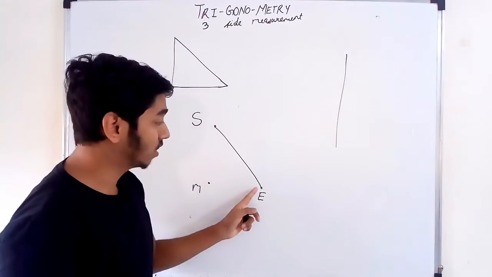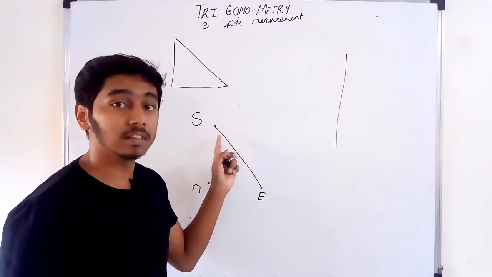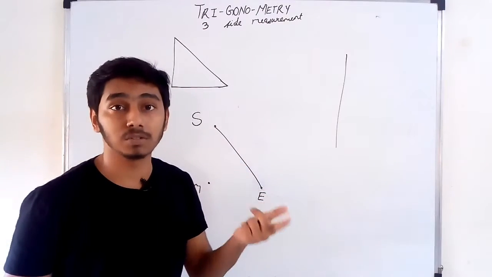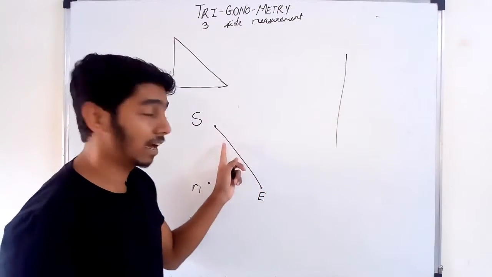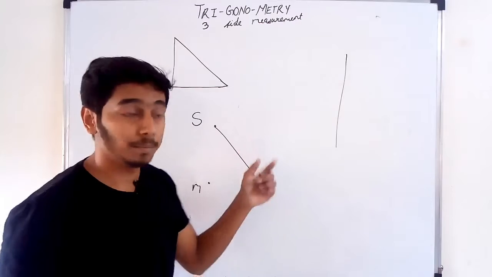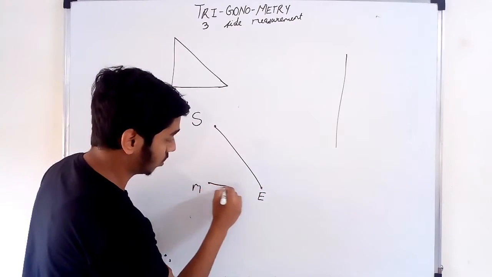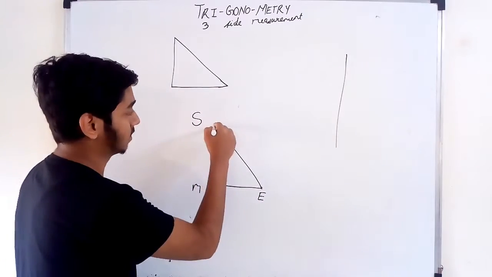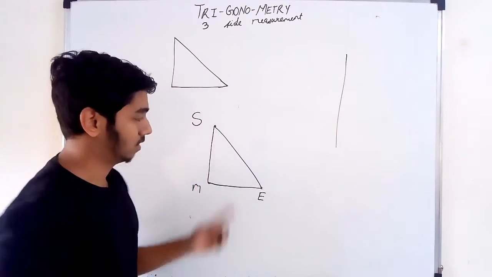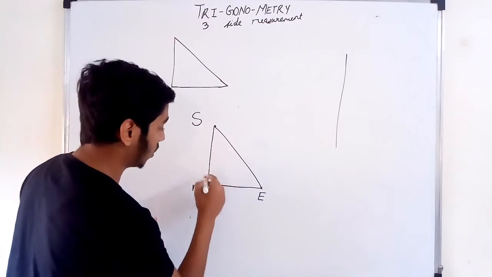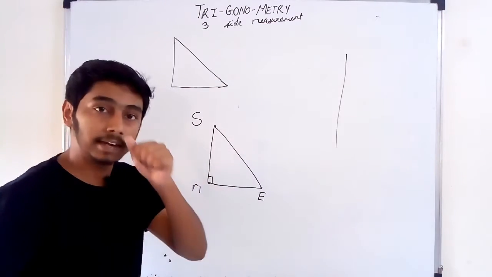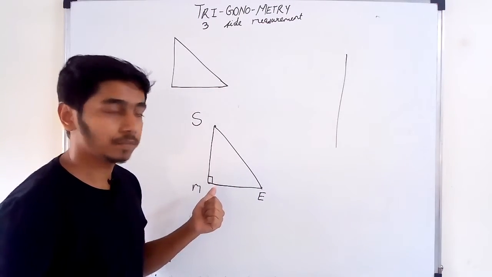Of course you cannot go near the sun, because it's very hot, so you cannot travel towards the sun. But of course you can travel to the moon, correct? So we form a triangle like this. Now this angle is kept 90 degrees.